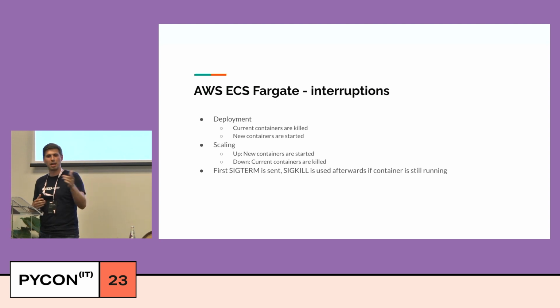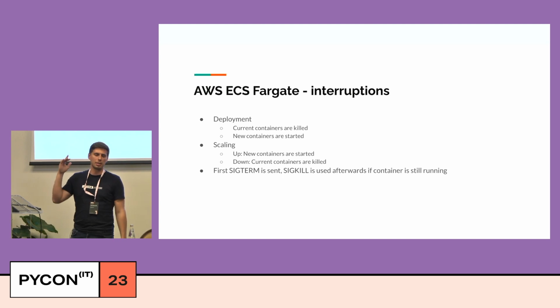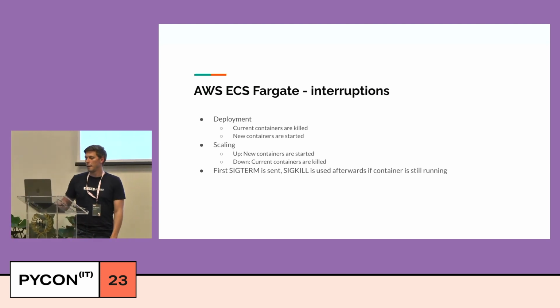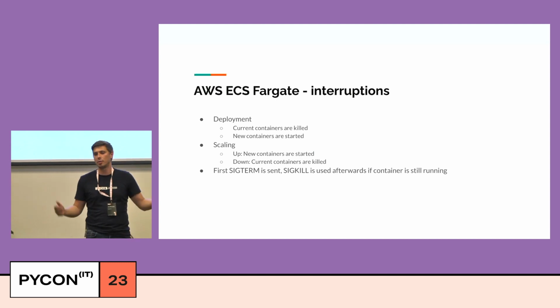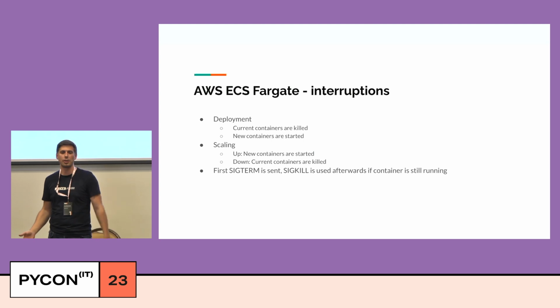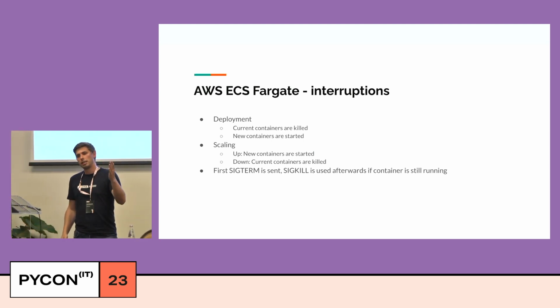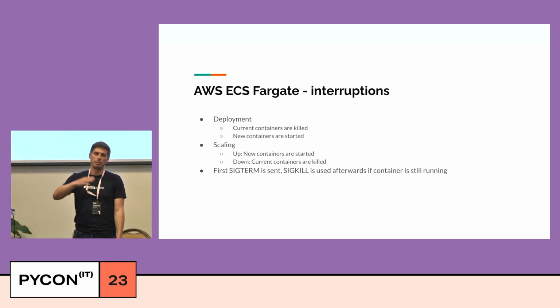If after stop timeout the container is still running for any reason, Elastic Container Service sends SIGKILL and ungracefully kills everything. This also goes for scaling activities. When you are upscaling, there is no killing of containers, but when there is downscaling for any reason, whether it's auto-scaling or you manually scale your containers, you still have the killing of these containers. Elastic Container Service sends SIGTERM. If the container is still running after stop timeout, SIGKILL, and that's it.